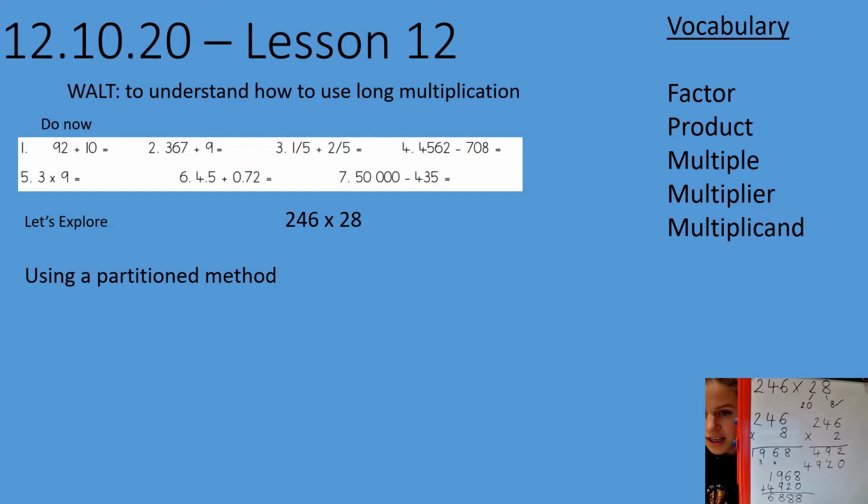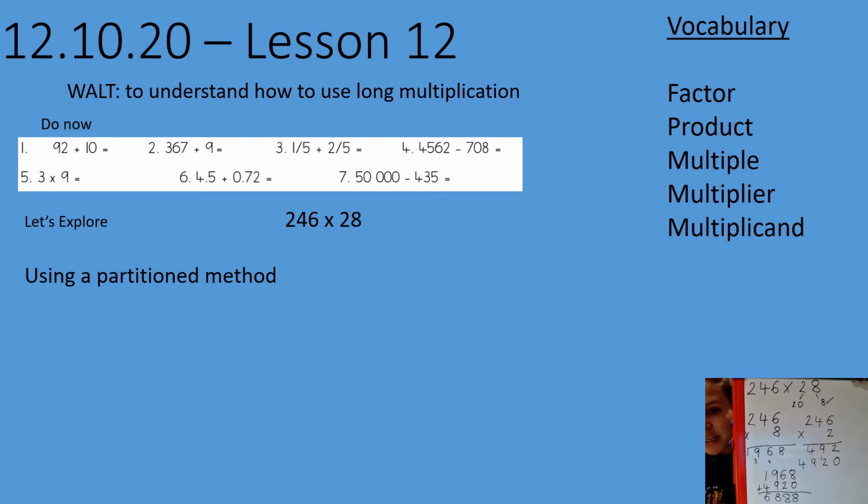So partitioning the multiplier and having a go at multiplying it by the 8 in the ones column, the 2 in the tens column, and then making that part of your answer 10 times bigger. Have a go at that method today, unless you are feeling confident using long multiplication, in which case you will do the next method.